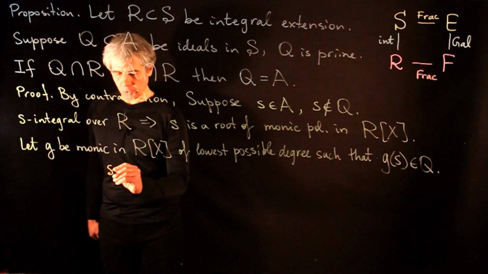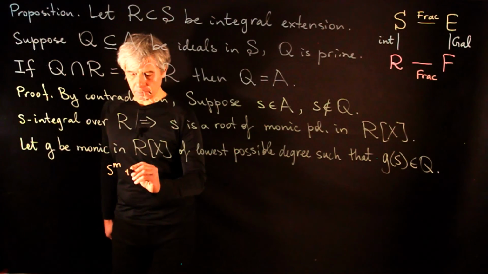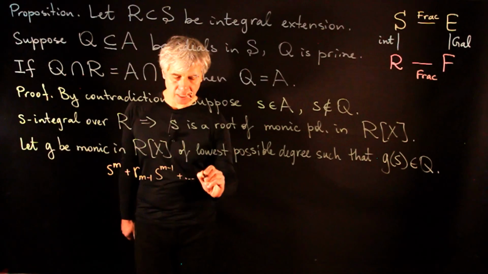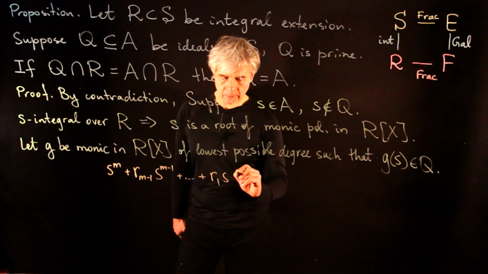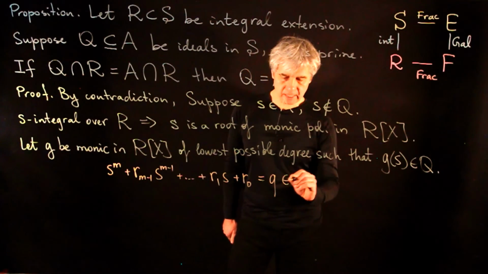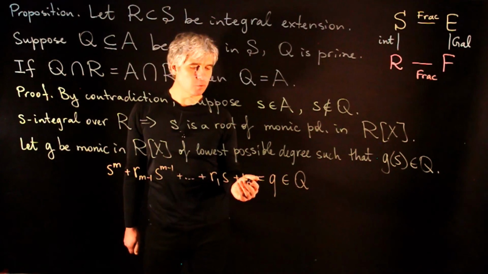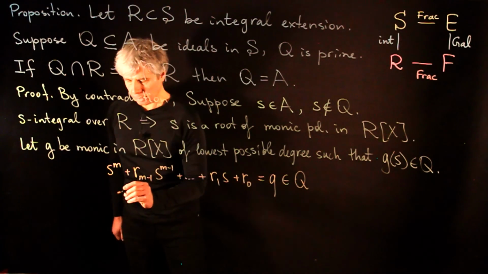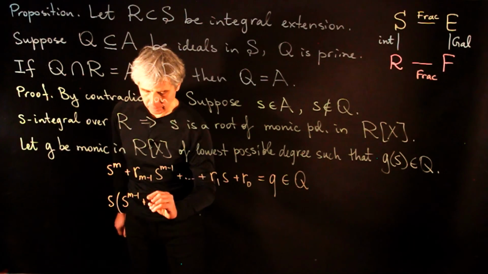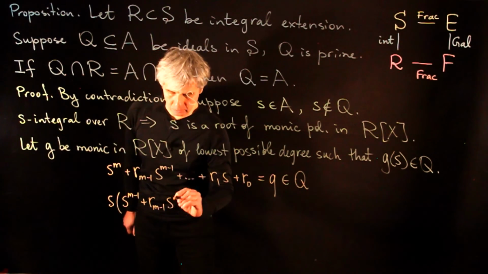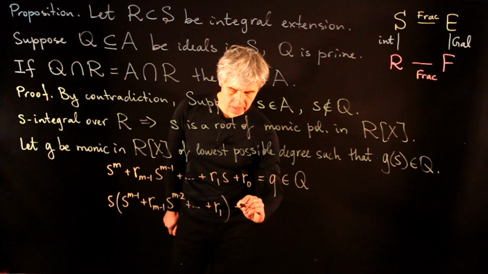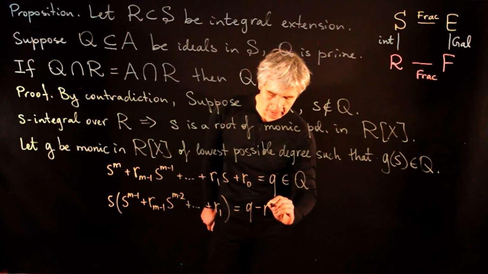Let us look at this polynomial. We'll have s to the power m plus r_{m-1} s to the m minus 1 plus ... plus r1 s plus r0 is equal to q, which is some element of Q. Let us move r0 to the right-hand side. Then we can factor s times (s to the m minus 1 plus r_{m-1} s to the m minus 2 plus ... plus r1) is equal to q minus r0.